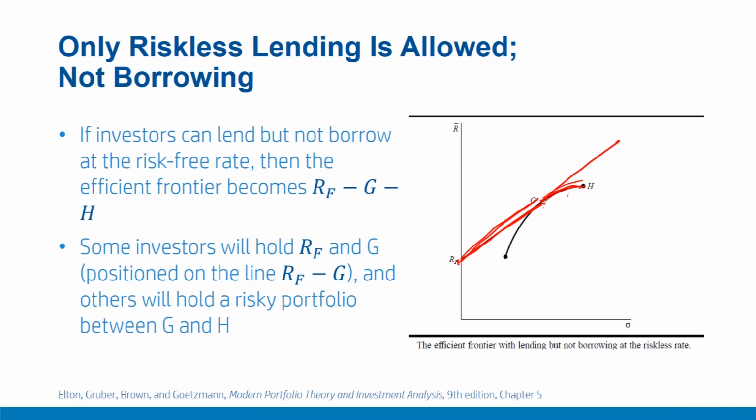So they are offering the highest return for any given risk level. Also, please note that in this case, we need to only identify two risky portfolios, G and H. Once you identify G and H, all the combinations of G and H would lie in between on this curve segment GH, since all the portfolios on the curve joining G and H can be obtained by combining G and H.